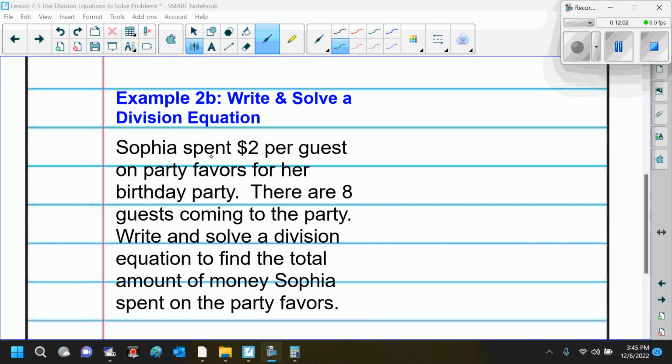All right, Sophia spent $2 per guest on her party favors for the birthday party. There are 8 guests coming to the party. We want to write and solve a division equation to find the total amount of money Sophia spent on the party favors.